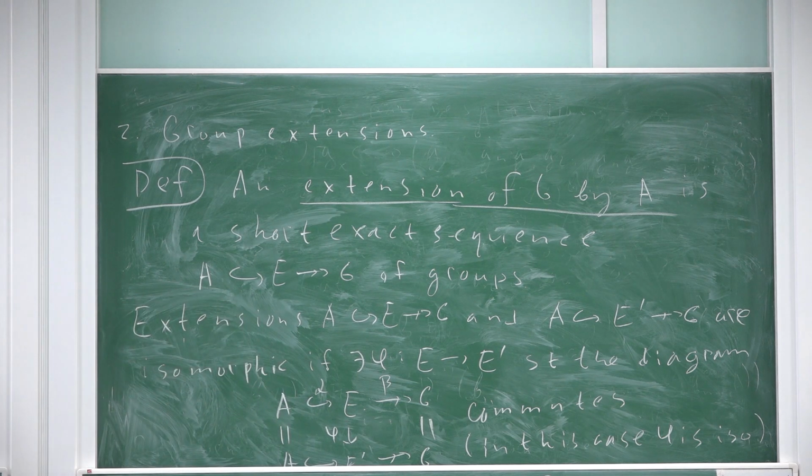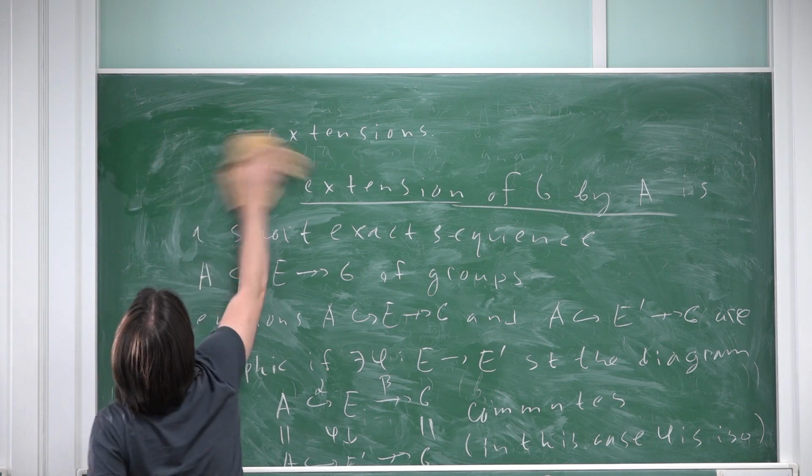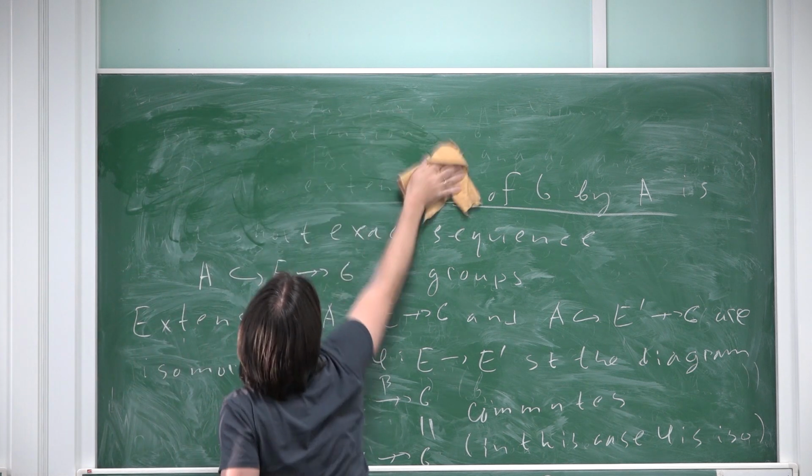Because beta is still surjective independently of what extension we have.